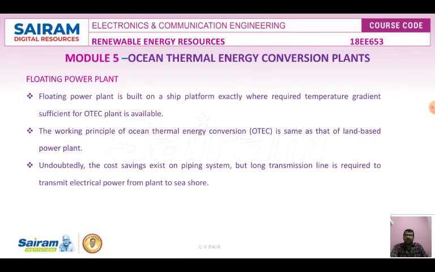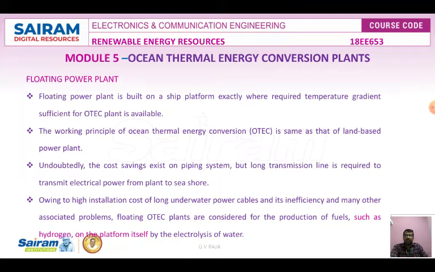A floating power plant is built on a ship. Many people have seen that a floating power plant is on a ship. The ocean thermal power plant is installed where the required temperature gradient is sufficient for the OTEC plant. The working principle of thermal energy conversion is the same as in the land-based power plant, but there is cost saving on the piping system.